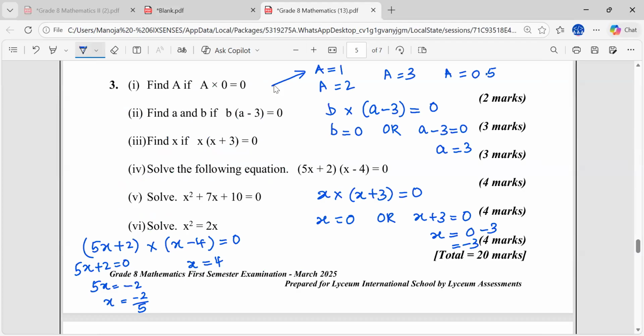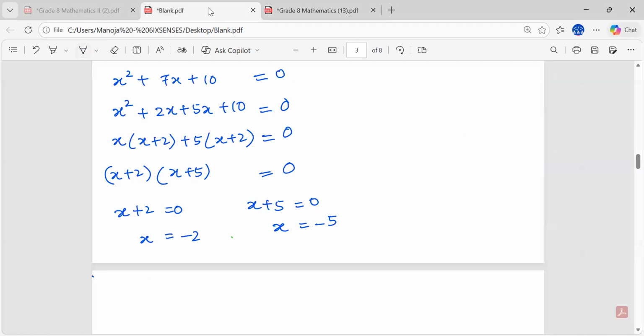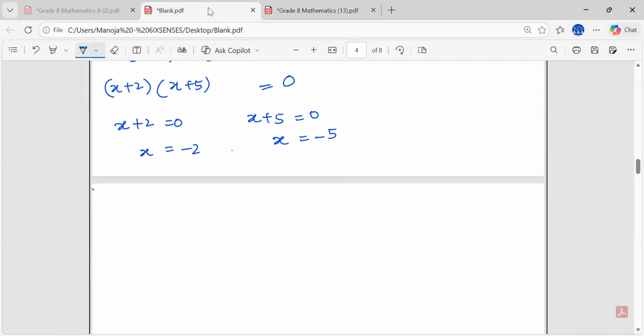Then the next one that they have mentioned, x squared is equal to 2x. Now how are we going to write that? You write x squared is equal to 2x. Then you bring that 2x to this side, x squared minus 2x, and it is equal to 0. And you take x out, and x minus 2 is equal to 0.